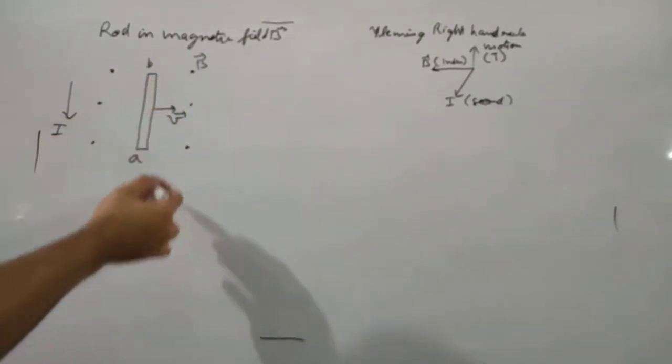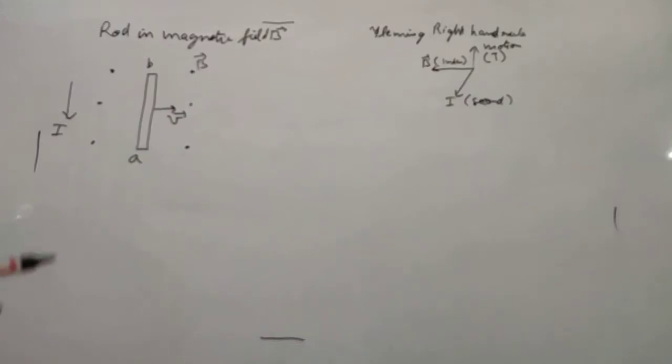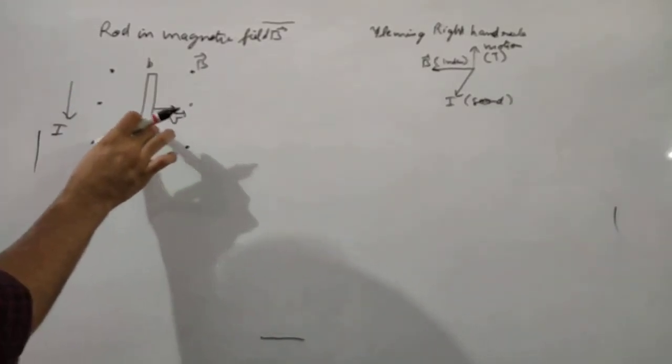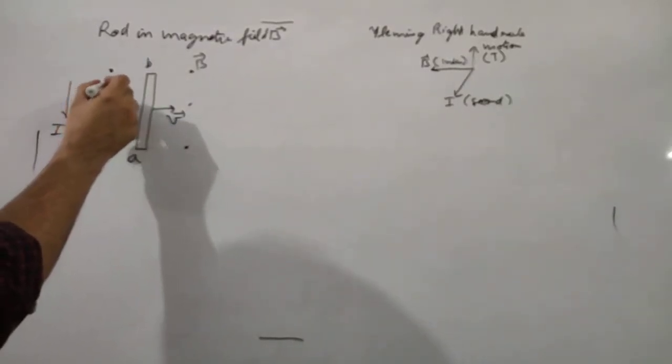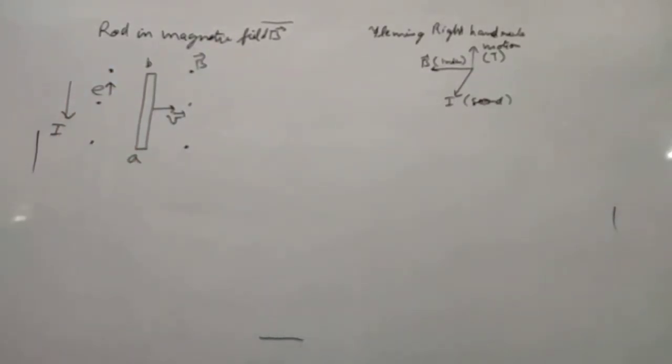So if the direction of current is downward, now what are the things which are going to experience force? The direction of current is downward, that means electrons are flowing in this rod, and if current is downward, the flow of electrons has to be upward, because it is the electrons which feel the force when the rod is moving in the magnetic field.